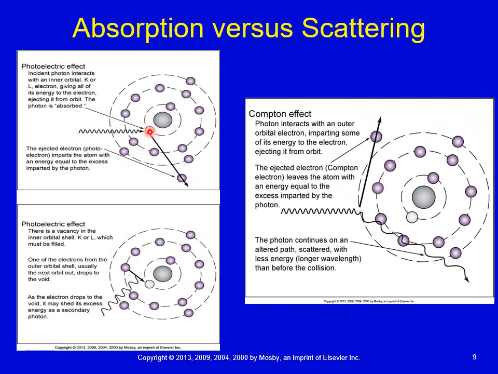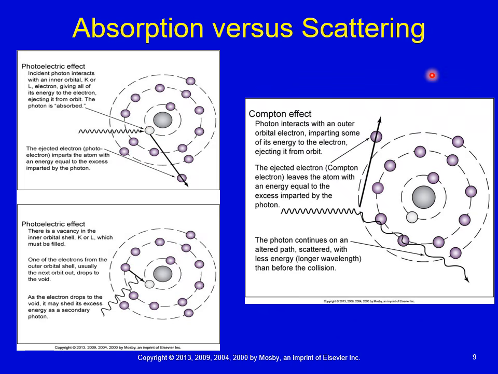Once it does knock that electron out of its shell, it is giving up all of its energy knocking this electron out of its shell. All right, as you can see right here, it leaves its shell and it exits, leaving a vacancy right there. So again, with the photoelectric effect, the incoming X-ray photon is completely absorbed.